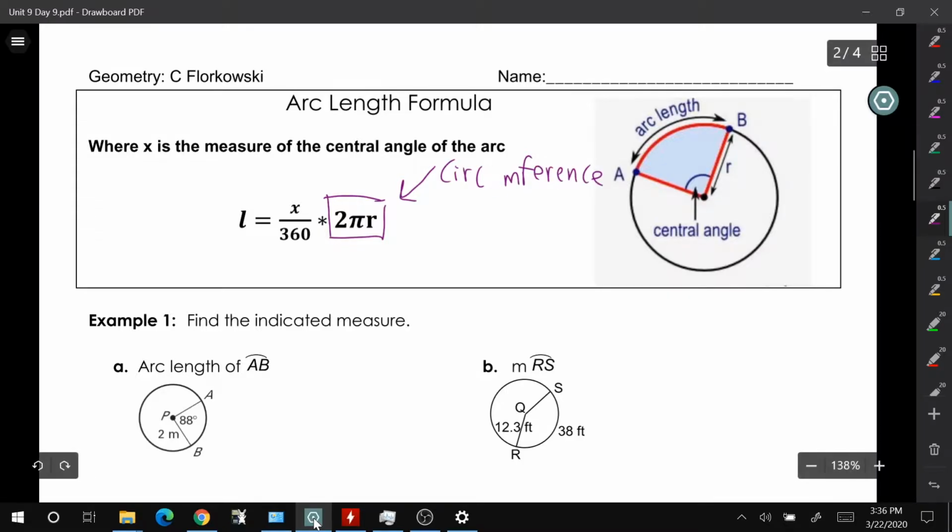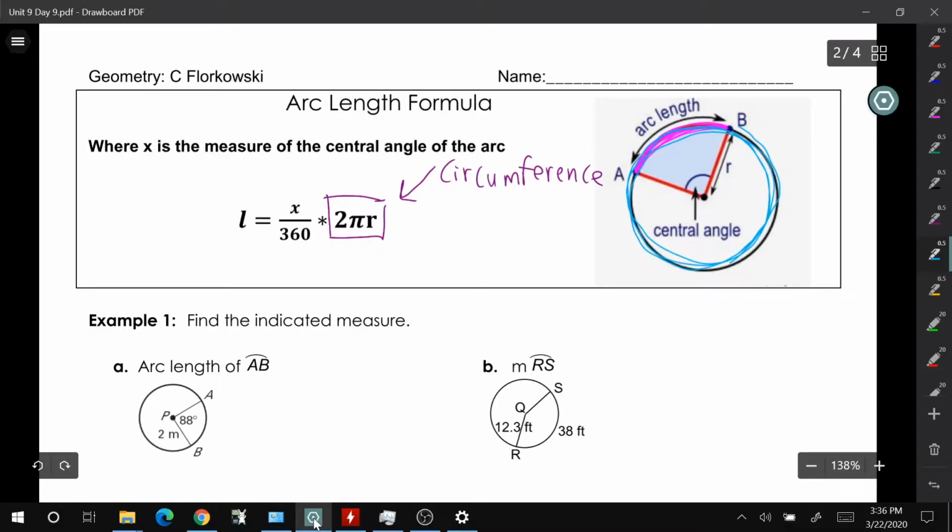So that's the circumference. And if we look at our picture over here, the arc length, I only want to calculate the distance or the length from A to B. I don't want the whole circumference. Remember, circumference is the distance around the whole circle. So this blue line would be my circumference, but I don't want that.